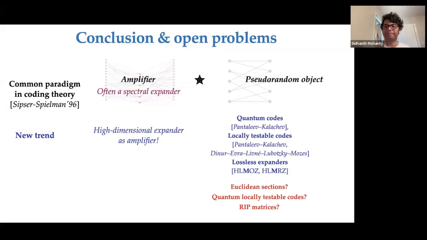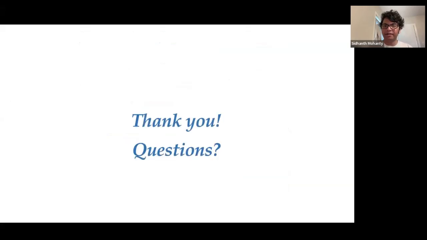Then there's a question of getting a quantum version of locally testable codes or getting explicit RIP matrices, which can be used for compressed sensing. And in light of this new trend, these problems might be worth revisiting. And with that, I'll conclude my talk. Thank you all for coming.